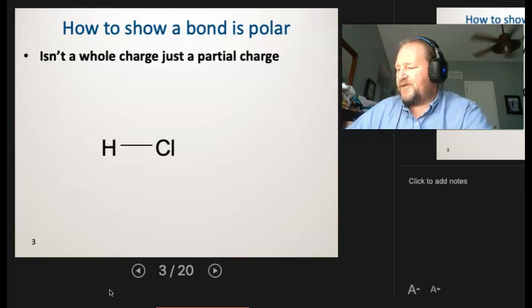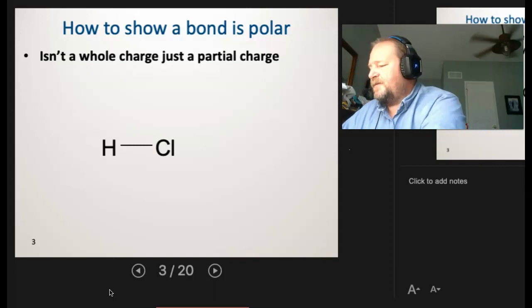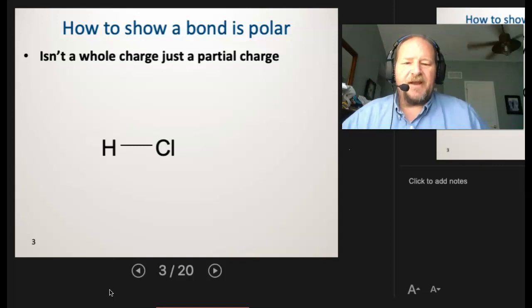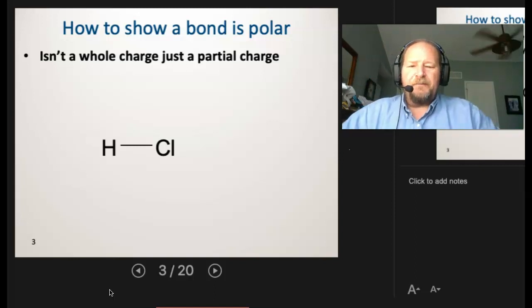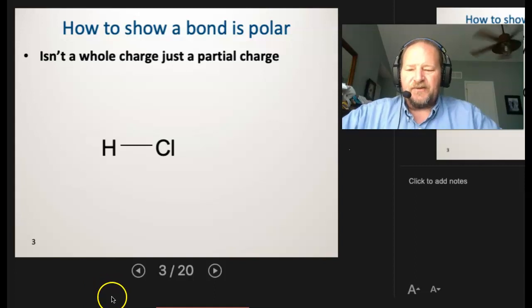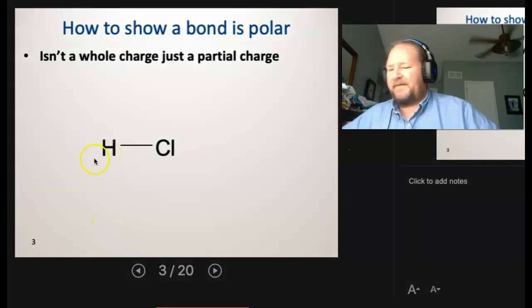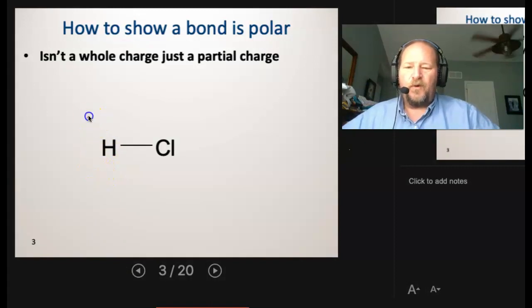And right away it popped up with a chart. I can go look at the images, pull the chart up, and depending on what chart you get, you will get slightly different values because they're man-made values. They're based on fluorine being the most electronegative. But from the one I've pulled, hydrogen has a value of 2.1.